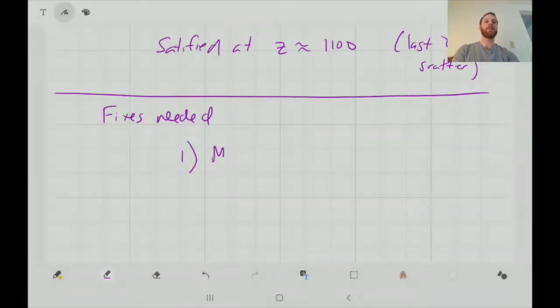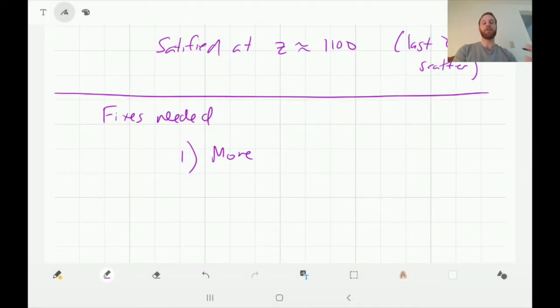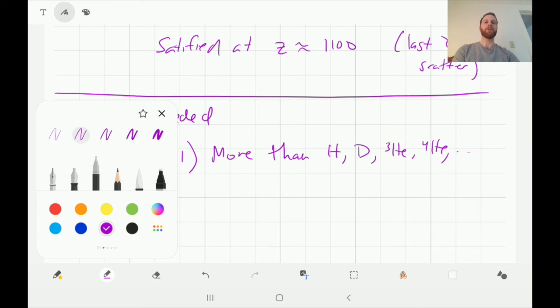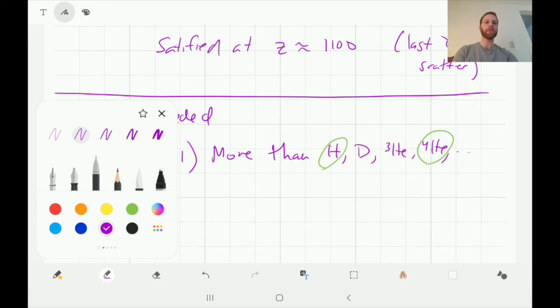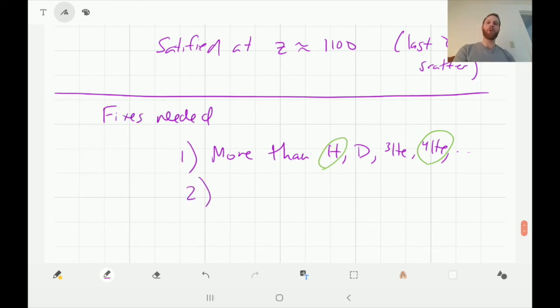There's what we have neglected, for example helium. You've got deuterium, helium-3, helium-4, etc. But really, the big players are hydrogen and helium-4, and we've certainly neglected helium-4 in this analysis.